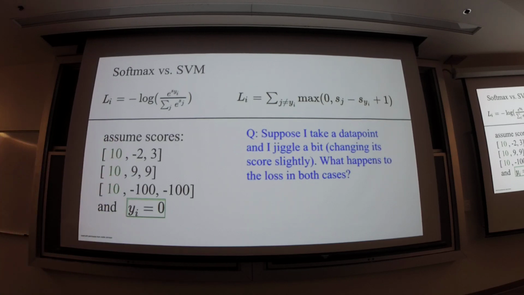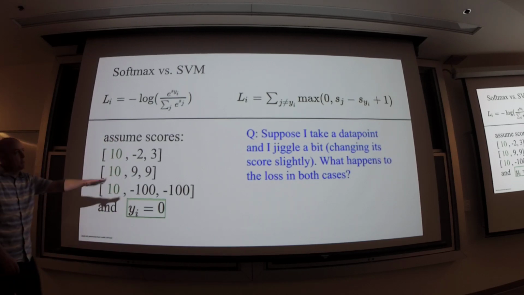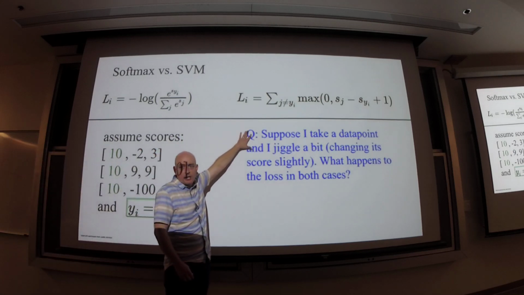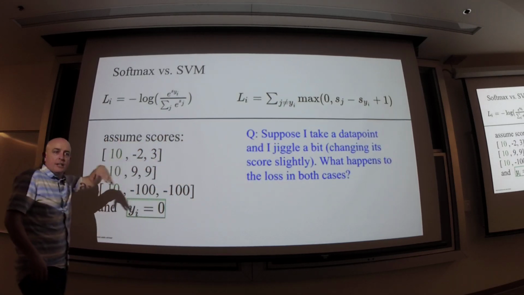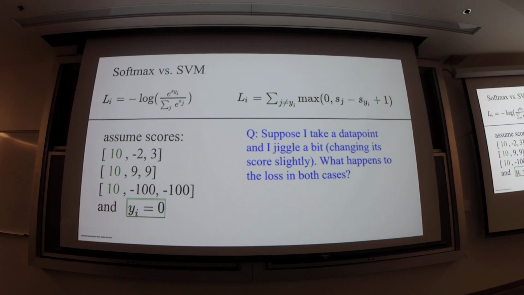What happens if I change things a bit? Well, we already talked about this for this example: if the loss is already 0 and we just change the scores a bit, it remains 0. And if it's not 0, then it will change slightly. But what about for softmax? What happens when we change the score slightly for softmax?